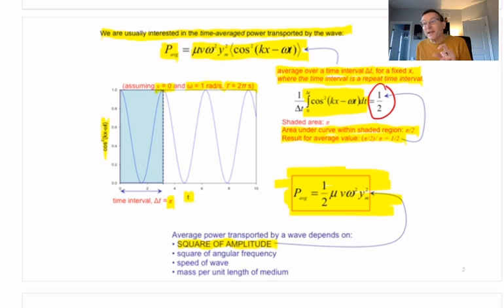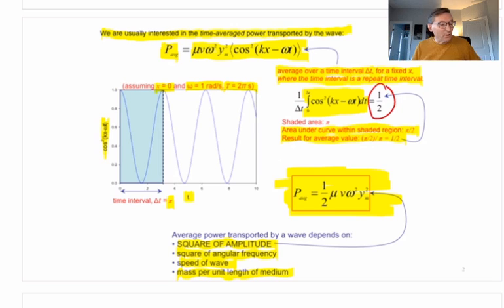So if you double the amplitude of a wave, you quadruple the rate at which it transports energy. And that's one of the key things you want to take away. Yes, power of a wave goes like amplitude squared. It also goes like the square of the angular frequency, like the speed of the wave, and like the mass per unit length, or depending on the mass per unit length of the medium.